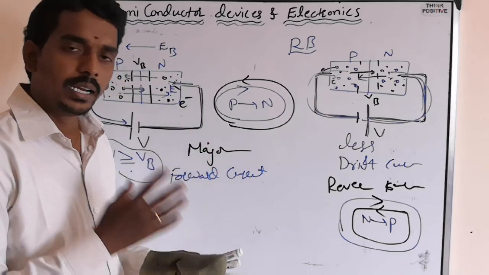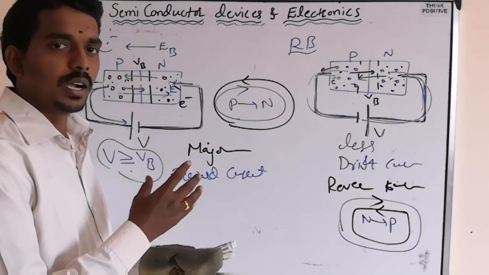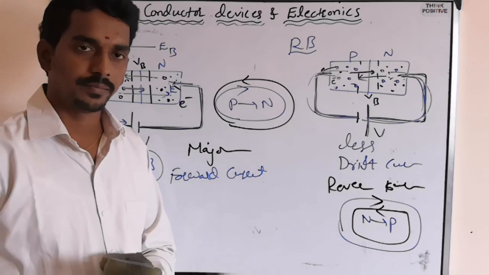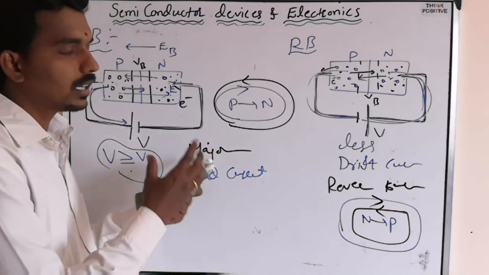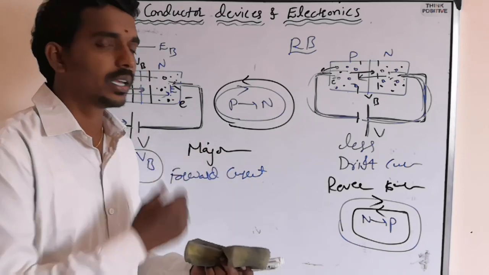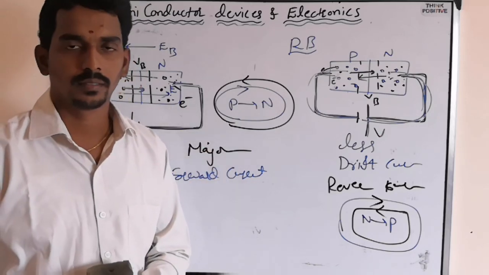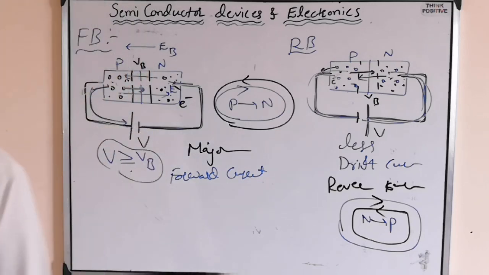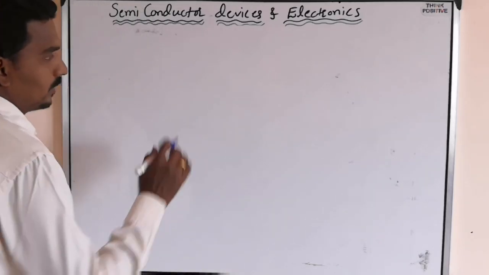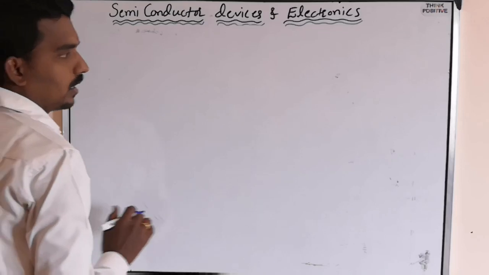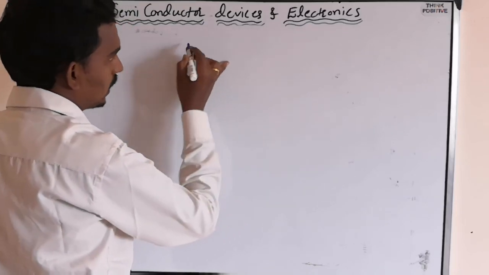Now the same thing, let us try to understand with a graph. Like the current versus voltage graph for the same forward and reverse bias connection. Let's see that. Now if you consider the forward and reverse bias, let's take the graph.